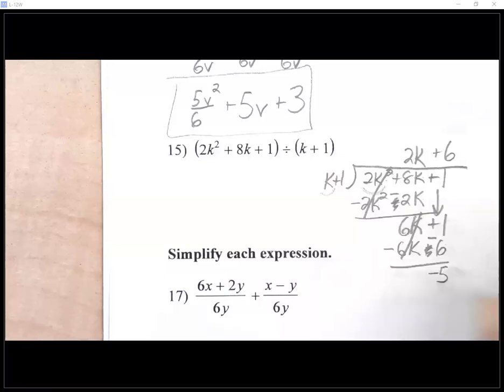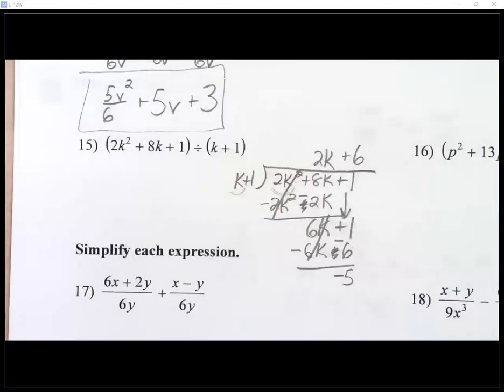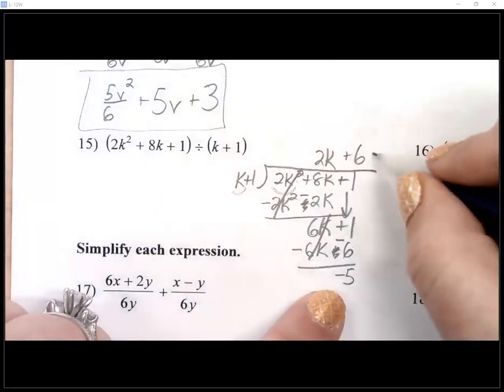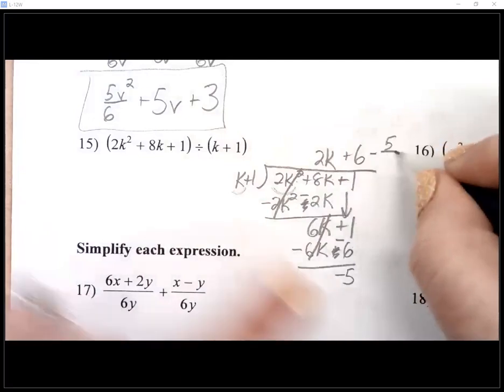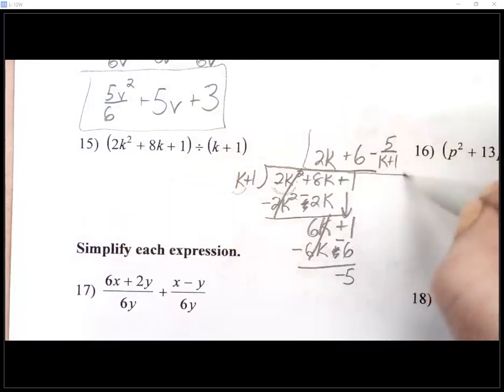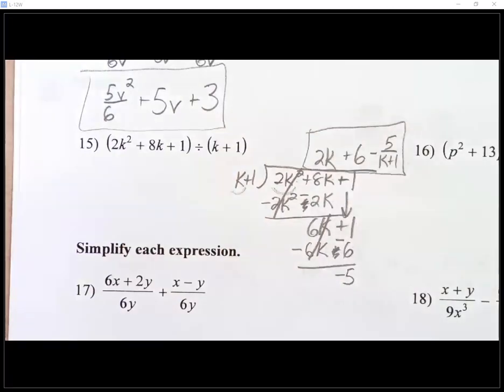There's nothing left to bring down, which means that's my remainder. If you recall how we write the remainder, because this one's negative, -5 over what you were dividing by, k + 1. This is the answer. So that is long division in a nutshell.